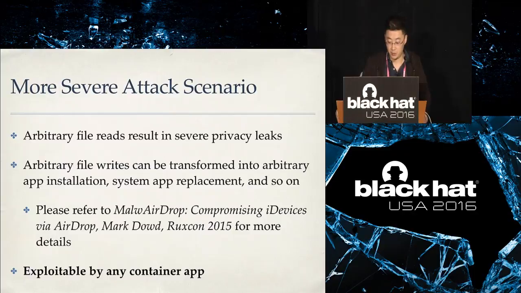If you are familiar with the talk Mal-airdrop by McDonald at RootsCon last year, that talk demonstrated how to transform an arbitrary file write into arbitrary app installation. So basically, if you can do arbitrary file write, you can install any app on the phone. And you can also replace the system app and do a lot of evil stuff. One thing I need to emphasize is that it's exploitable by any container application.